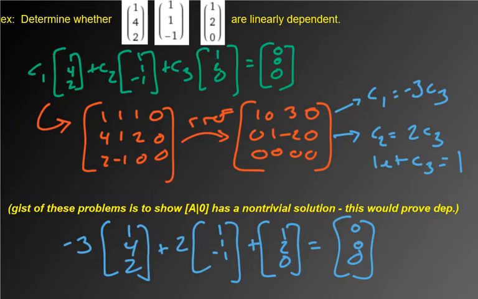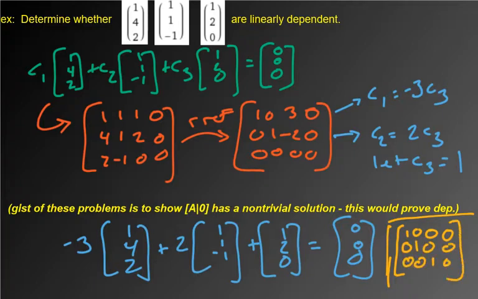The only way you're going to get independence is if your RREF matrix looks like 1, 0, 0, 0, 0, 1, 0, 0, 0, 0, 1, 0. And that would mean C1 equals 0, C2 equals 0, C3 equals 0. And so then it means that there's no way I can stick non-trivial numbers in front of my vectors and get the 0 vector out.